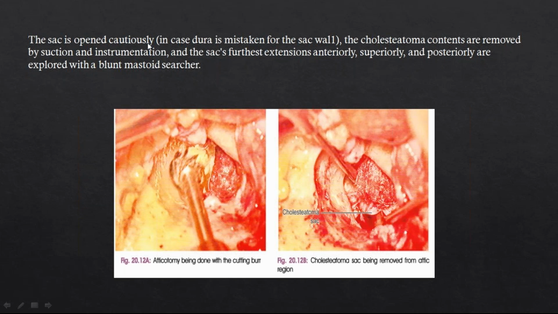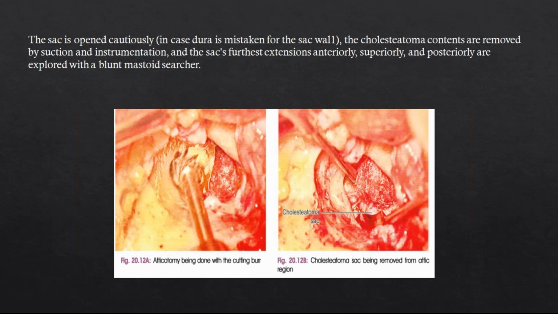The sac is opened cautiously in case dura is mistaken for the sac. Cholesteatoma contents are removed by suction and instrumentation, and the sac's furthest extensions anteriorly, superiorly, and posteriorly are explored with a blunt mastoid surgeon. This is very important.